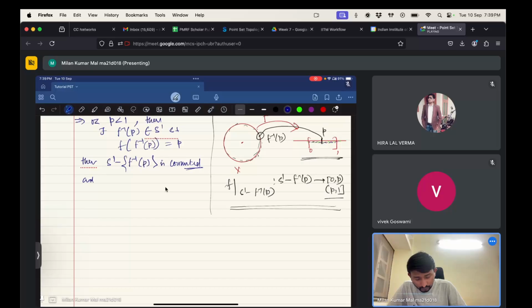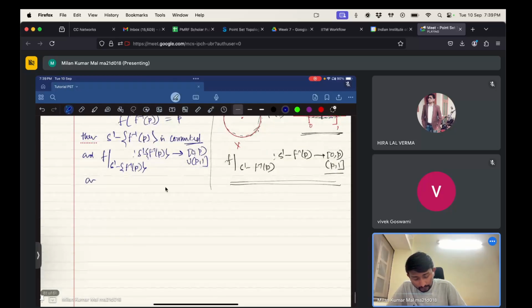And if restricted to S1 minus F inverse of P, the map goes to the closed interval 0 to P union P to 1.